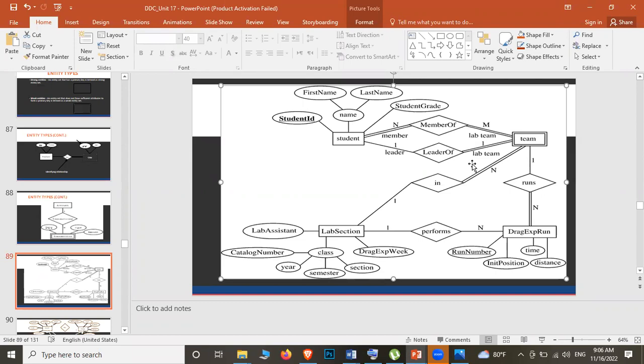But most of the time we can't say that all the students are members of a team. We can't tell that, because there could be a few students who are not willing to be a member of a team. Some people don't want to play, and some don't even want to be a leader.